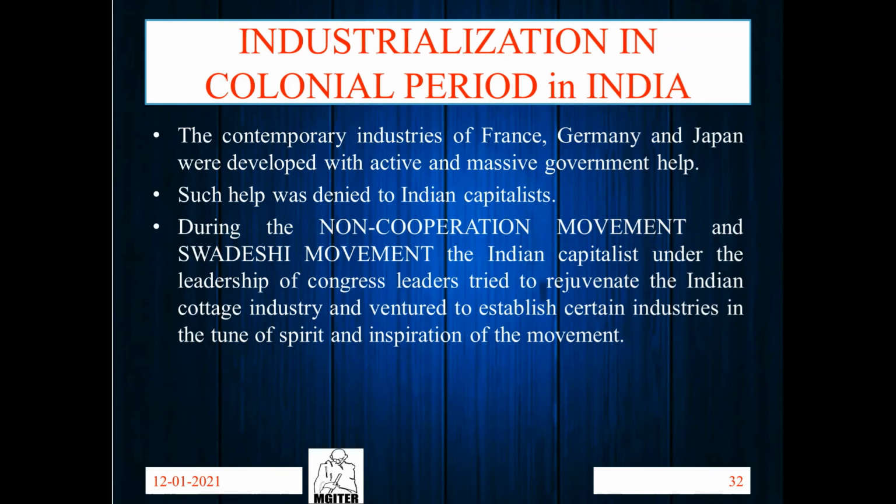But this type of help was not given by Britishers to develop Indian capitalists. During the non-cooperation movement and Swadeshi movement, Indian capitalists under the leadership of Congress leaders tried to rejuvenate the Indian cotton industry and ventured to establish certain industries in the spirit and inspiration of the movement. This industry, which was controlled by Britishers, Indians tried to control by themselves.